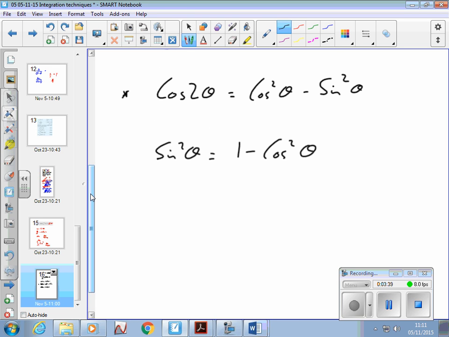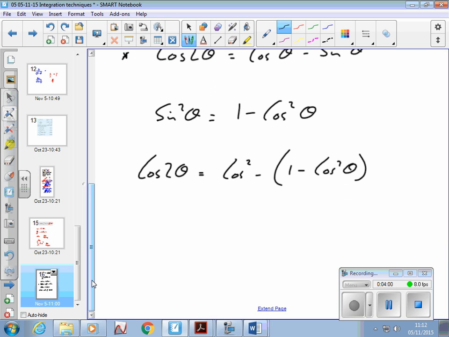We can write cos 2 theta equals cos squared theta minus (1 minus cos squared theta). I've substituted in that instead of sine squared theta. Be a little bit careful with signs here.